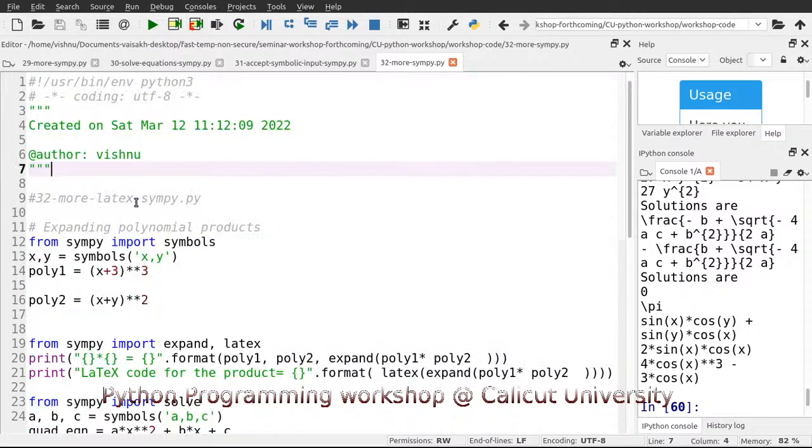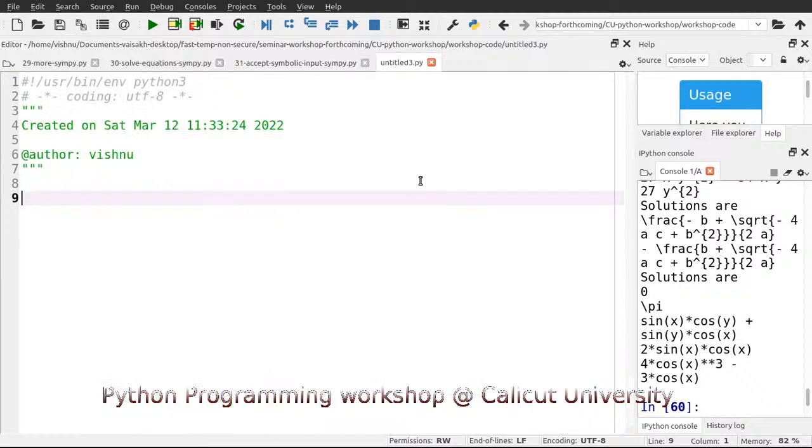Now I'm starting a new file. So more complex.